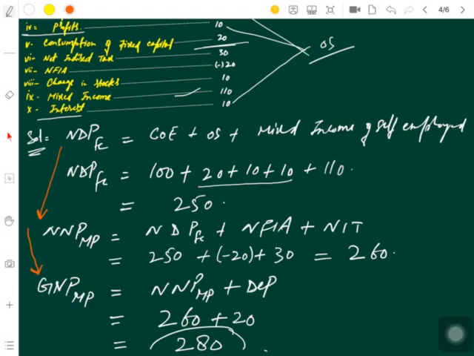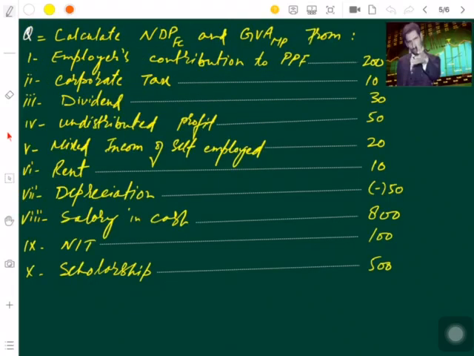We can also talk of this thing in one more way. I have made one more question for you people, which says calculate NDP-FC, net domestic product at factor cost, and GVA-MP, that is gross value added at market price. He is talking in some different way, but he is basically talking about that domestic part, that is gross domestic product at market price, from the following: employer's contribution to PPF.